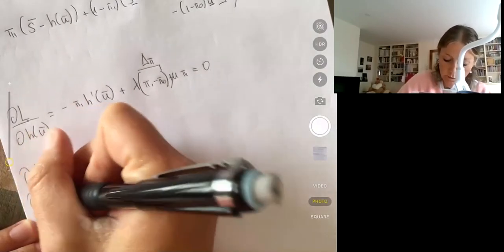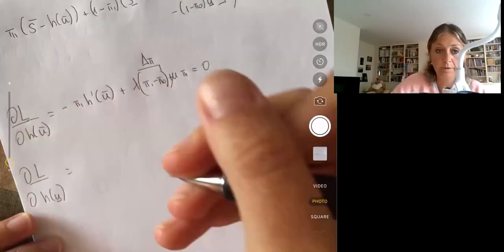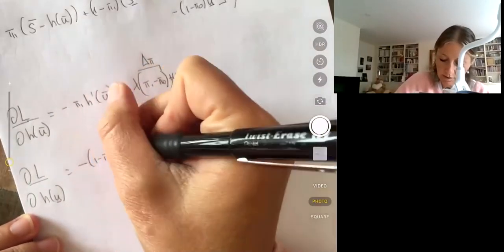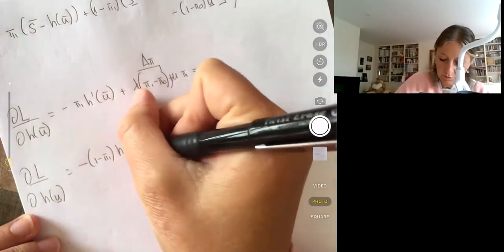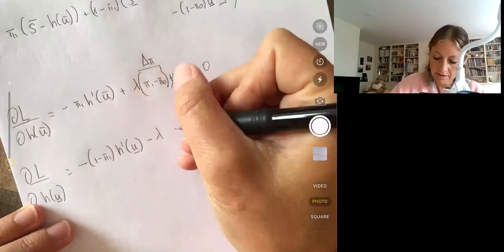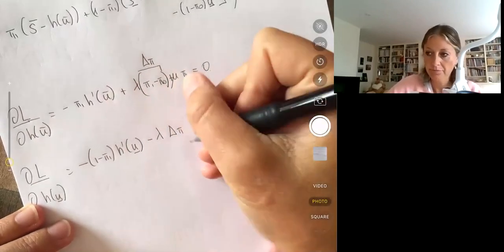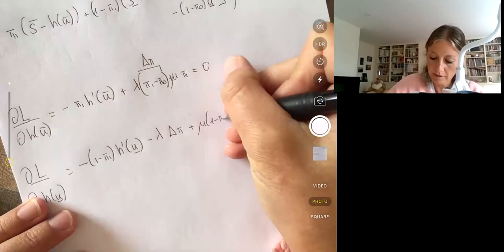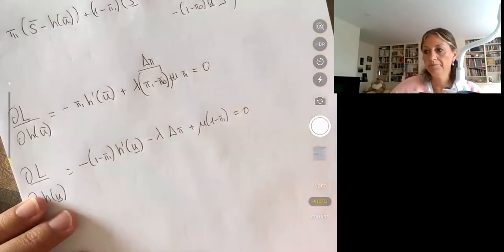And equivalently, for U lower bar: minus 1 minus pi 1 H prime of U lower bar minus lambda delta pi plus mu 1 minus pi 1 equal to 0.